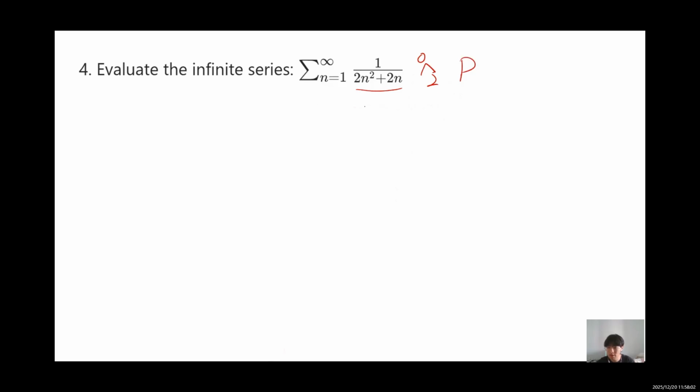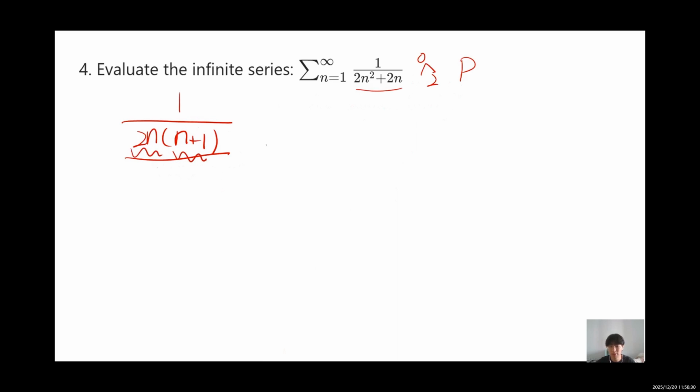Okay, then let's factor this. 2n plus 1. This should be 1 because they should be equal. Whoa, this one seems a bit weird because we can't build a relationship between 2 and n plus 1.